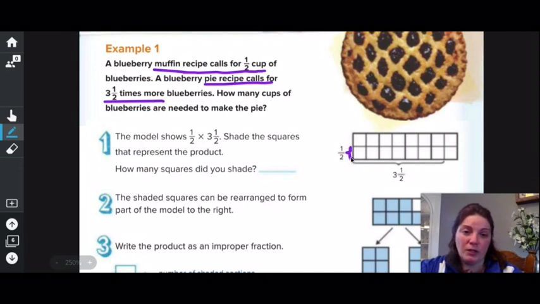Now here's where it can get a little goofy. 3.5 is, if you can tell, this is a little bit of a darker, thicker line. So 3.5 is coming from, this is 1, this is 2, this is 3, and then here's a half.